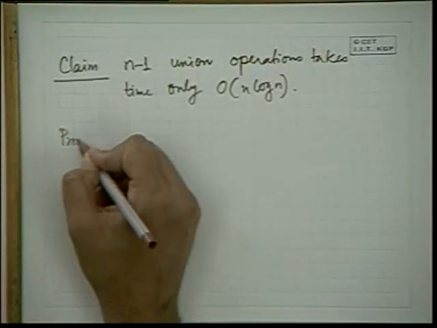But this claim is saying if you take n minus 1 such union operations, total complexity is not more than n log n. So on an average, the amortized complexity of each union operation is log n, because n operations are taking n log n. Okay, what is the proof for this claim?